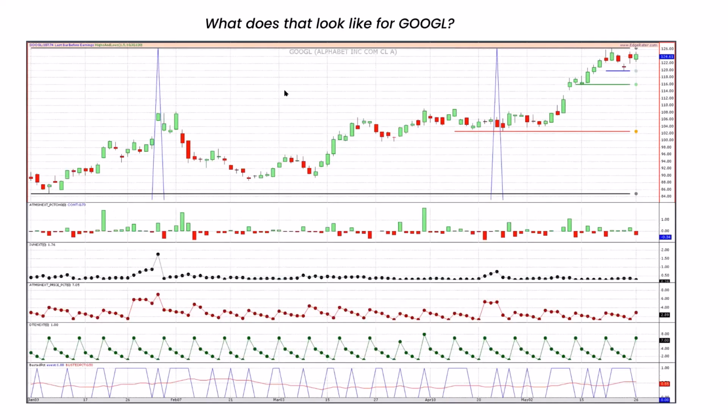So you put that together on a chart. We're looking at Google, and these are some of the indicators that we've come up with. These are brand new for EdgeRater with this release. This is Google up to May 27th.